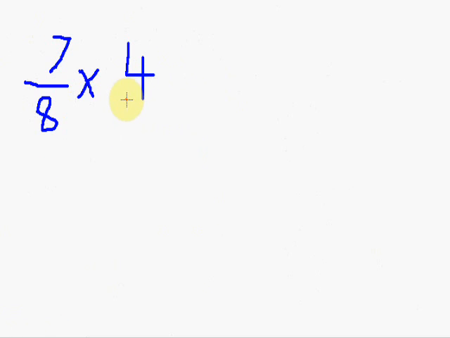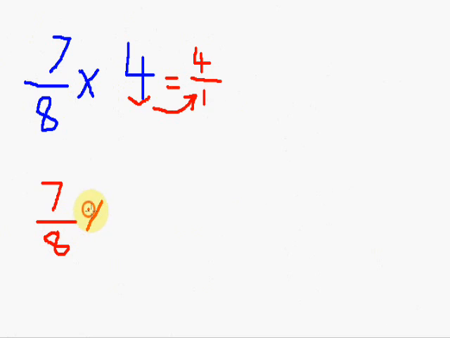Okay, as I said just now, a whole number by itself is the same thing as writing that whole number over 1. So 4 by itself in this case is 4 on 1. Okay, so we're going to rewrite the entire thing. So we're going to have 7/8 multiplied by 4 on 1.